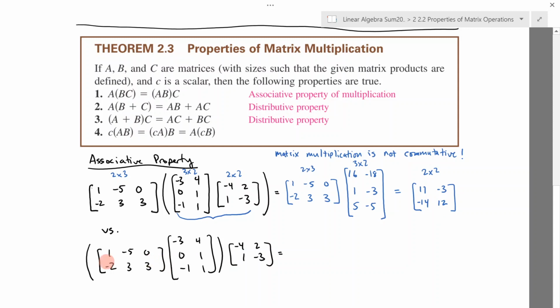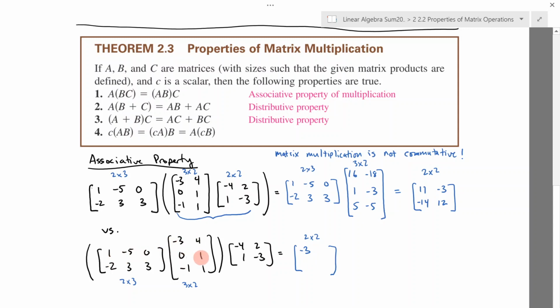Okay, so this is the 2 by 2 matrix we get, and now let's check our result by doing the multiplication in the other order. Right, so first 2 by 3 and 3 by 2 here, so that will give me a 2 by 2 matrix. So what is this? Negative 3 plus 0 plus 0 is negative 3.